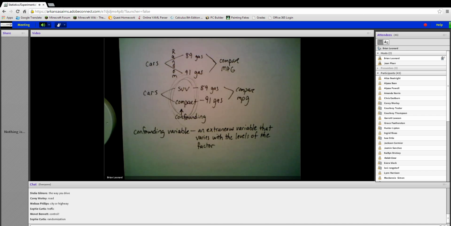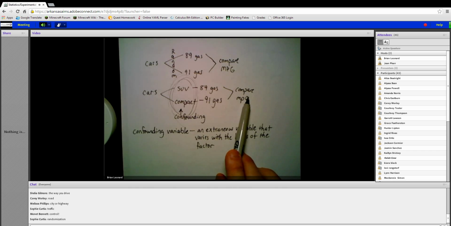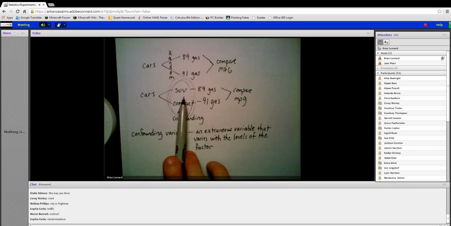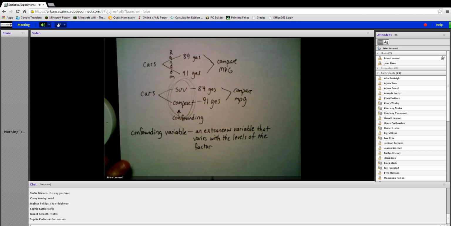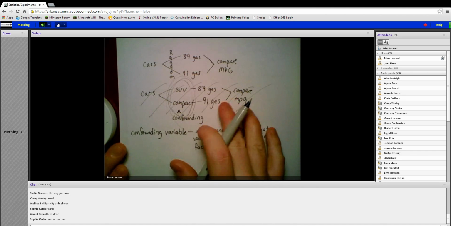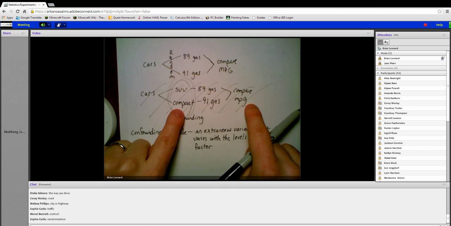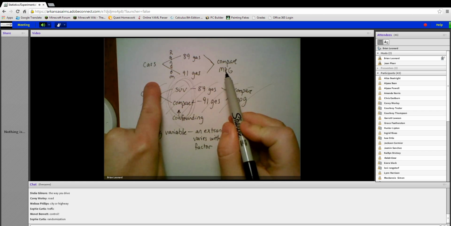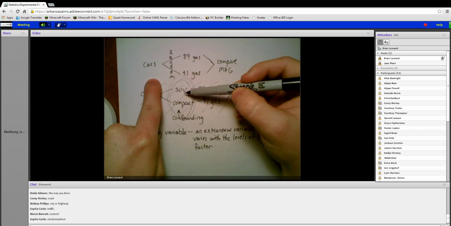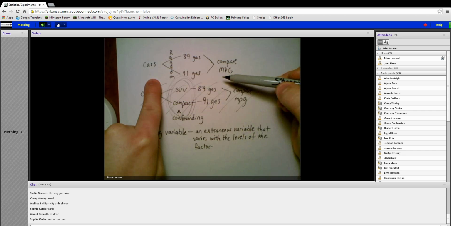And so what happens is, when we're done doing the experiment, confounding variables make it virtually impossible for us to tell if our treatment is affecting our response or if it's that confounding variable. So obviously this is a bad idea, right? We don't want to do this because I'm not really getting the results I want. Now, in this experiment, is the type of car confounding?